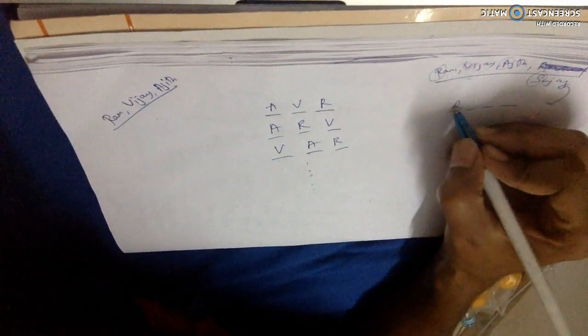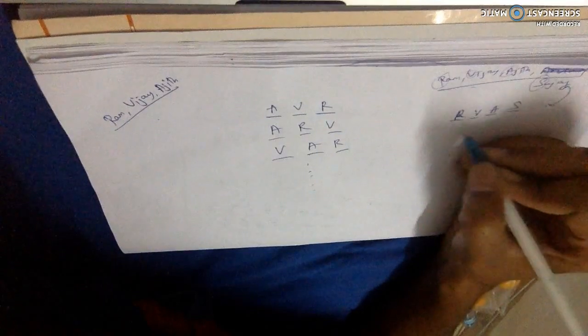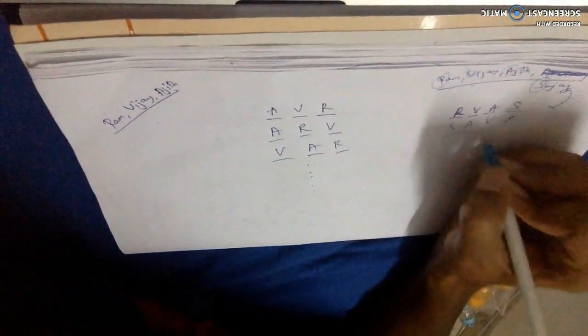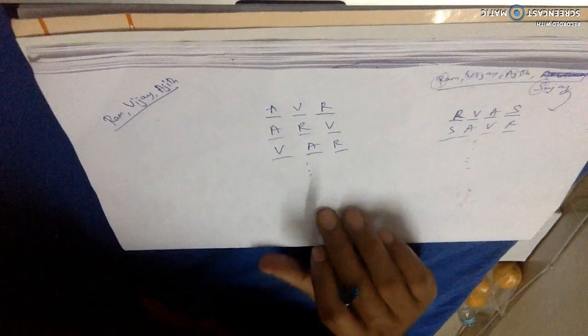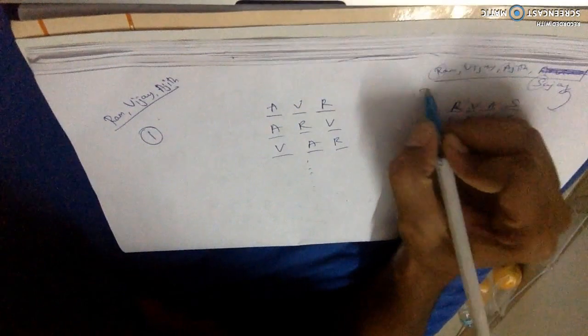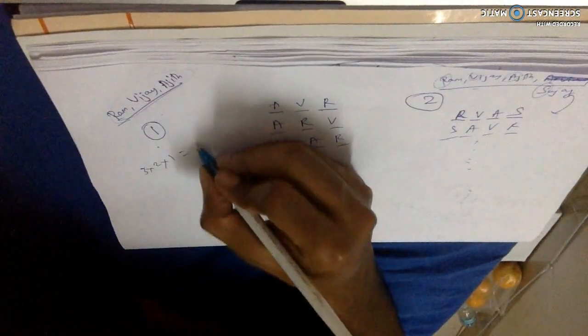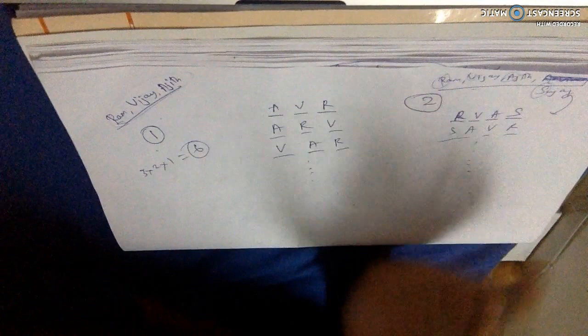So it can be Ram, Vijay, Ajit, and then Sujay, or SAVR, anything. So let's say you have these two problems. Let's say you solve the first problem. You know that when you shuffle three things, it is 3 into 2 into 1. Let's say you know this somehow. So you know that there are 6 ways in which they can be seated.